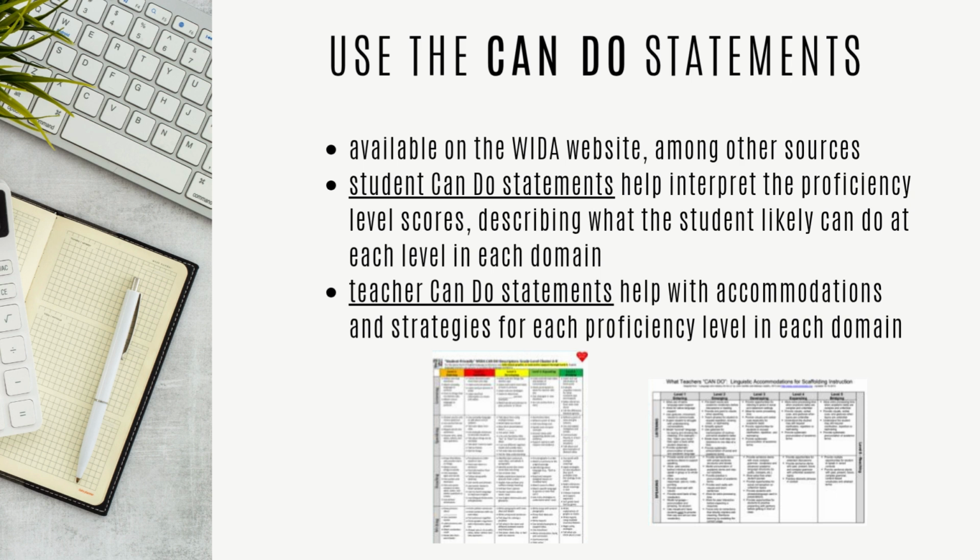So it's a 5-page document or 6-page document, I think, for the different grade level bands. But each page, you'll only need 1 page of it, most likely if you're a classroom teacher. You'll have the level that you teach. And so it's just super handy to keep near your plan book, to keep your kiddos' scores close to you and what those scores mean, what they likely can do. So the can-dos are super valuable.